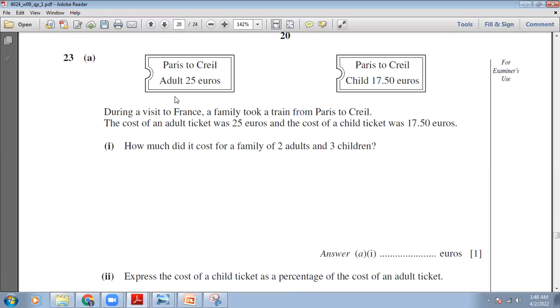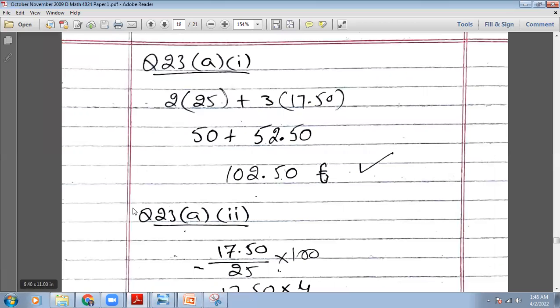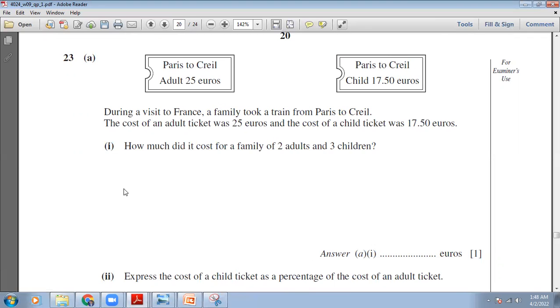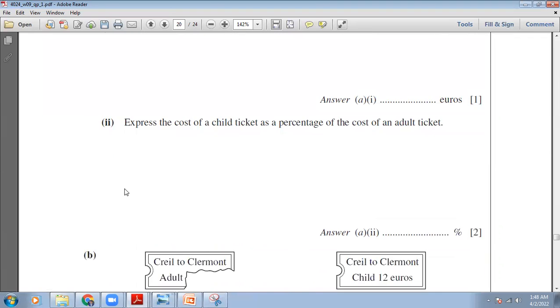So 2 multiplied by 25 plus 3 multiplied by 17.50. So it will be 50 plus 52.50, and that will be 102.50. Oh, sorry, euros.